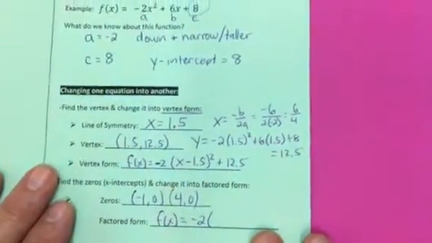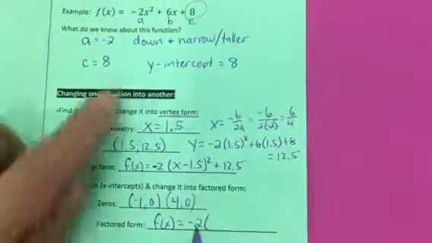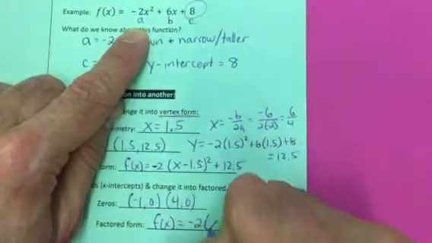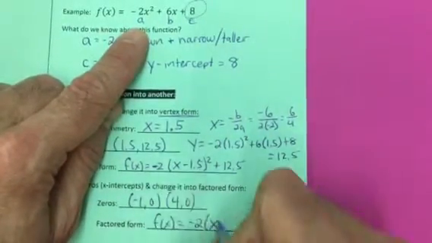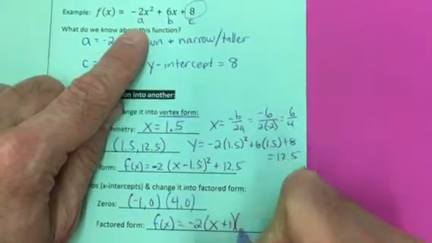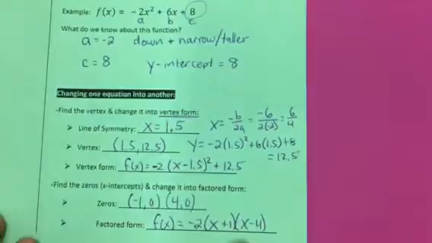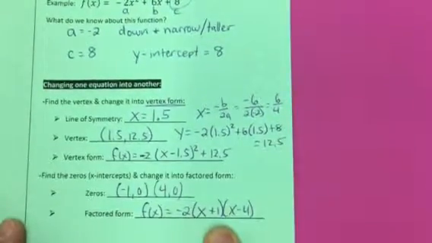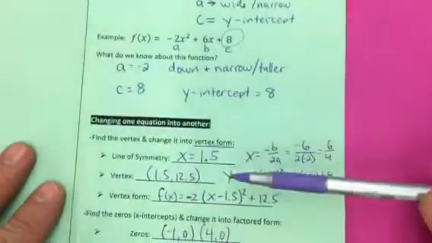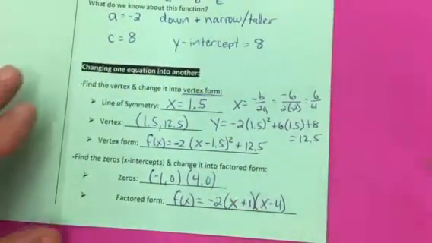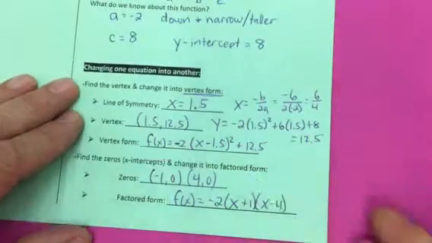Check that out. Make sure you see it. A is A. X minus negative 1 becomes plus 1. X minus 4. Bam. Totally done. We translated it from standard form to vertex form and intercept form, or factored form.